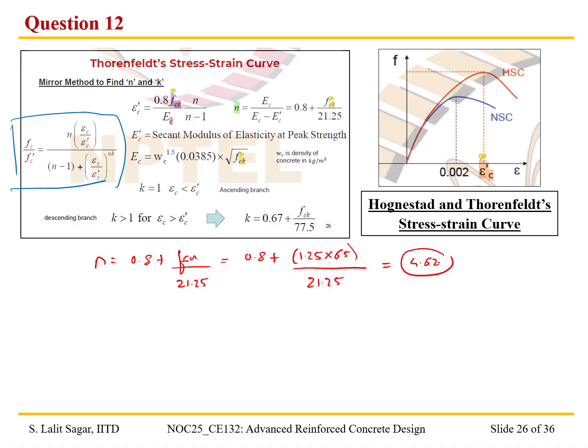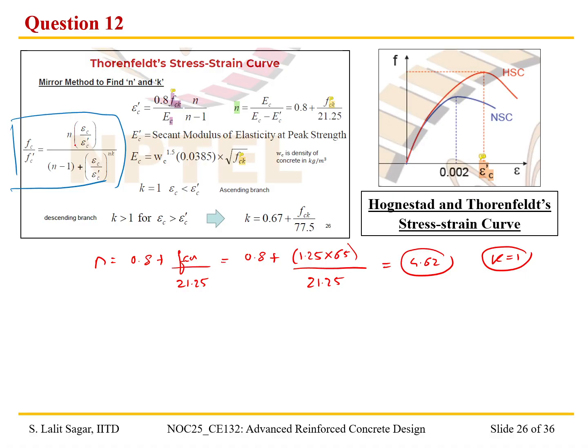Let us find out. For epsilon c less than epsilon prime c, we have k is equal to 1. Let me write down k is equal to 1 over here. So what else do we need for the constitutive relation? We need to find out the value of epsilon prime c.